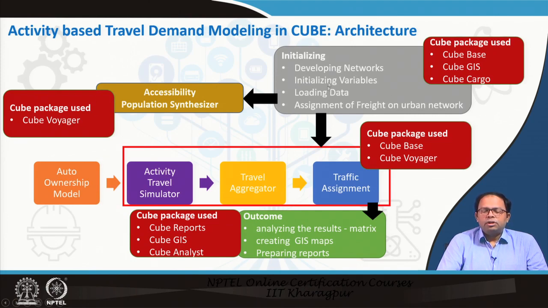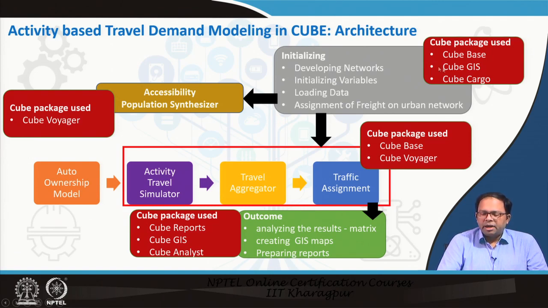Then we have to determine the networks, initialize the variables, and once we have determined the network travel times, we need to record these variables so that we can use them, and assignment of freight on the urban network. So, these are the basic data sets that we require.